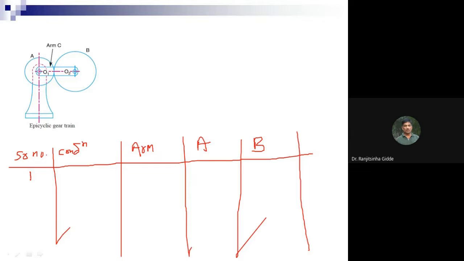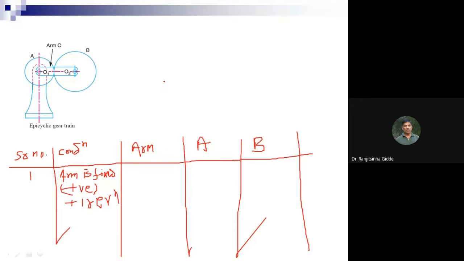Here number 1, arm is fixed. Okay. And gear A rotates through plus, in the positive direction. So I will write here in short plus 1 revolution.